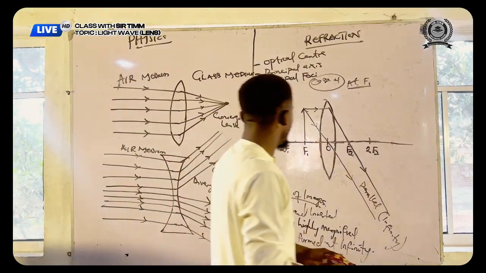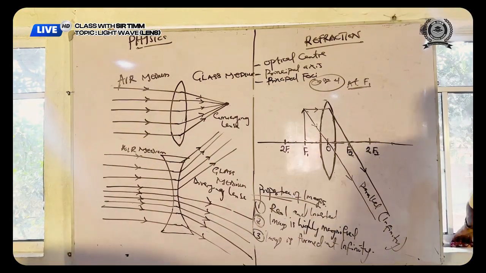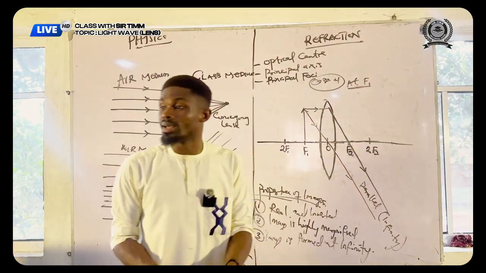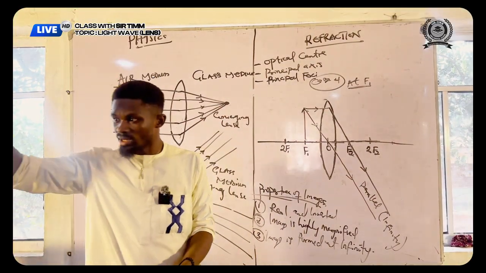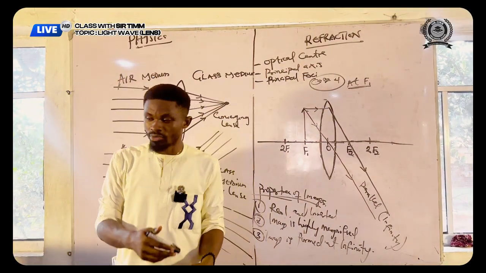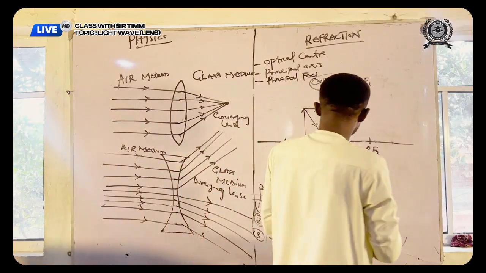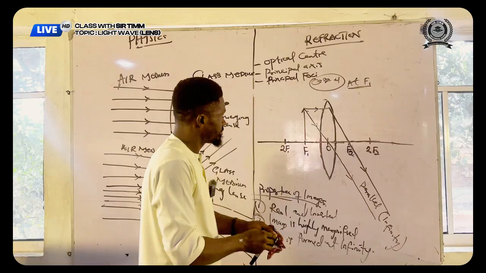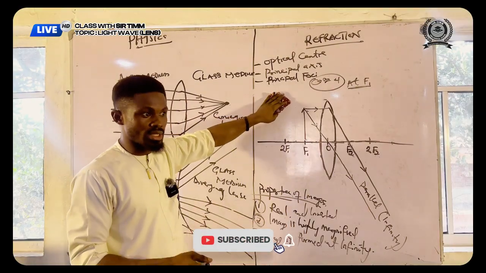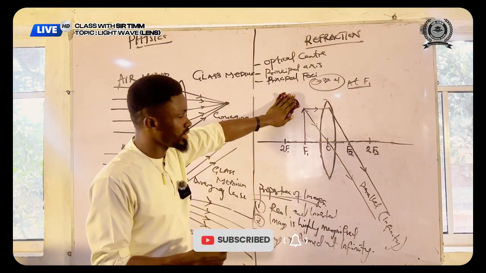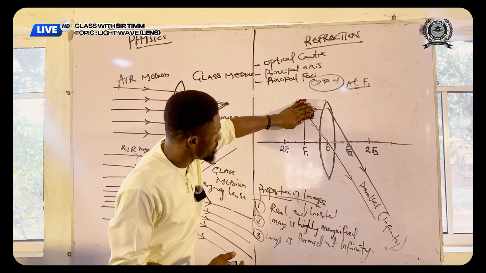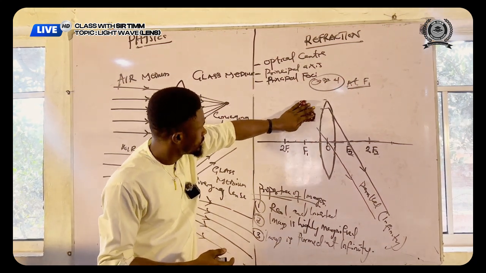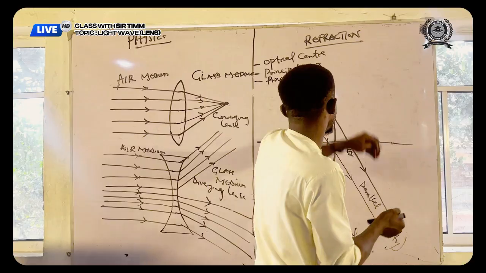So where are we going to now? Between f1 and the optical center, isn't it? Can I move ahead? Move on this side. Do you understand what I'm doing? So I can move, right? Good. So here, if you don't understand, you can actually go and watch the video later, isn't it? So I am moving from, okay, this is case 5, isn't it?